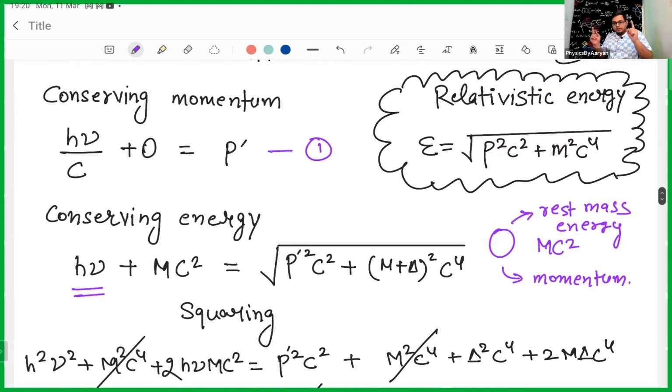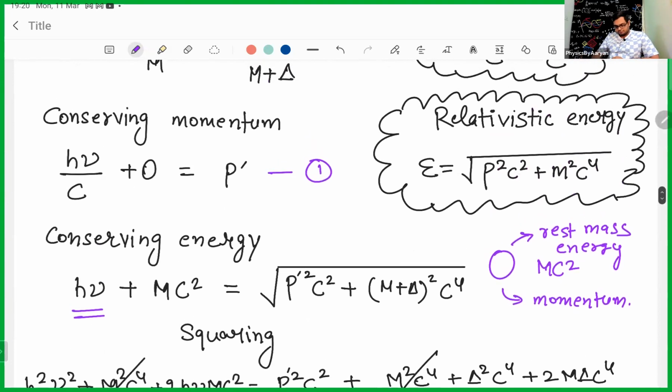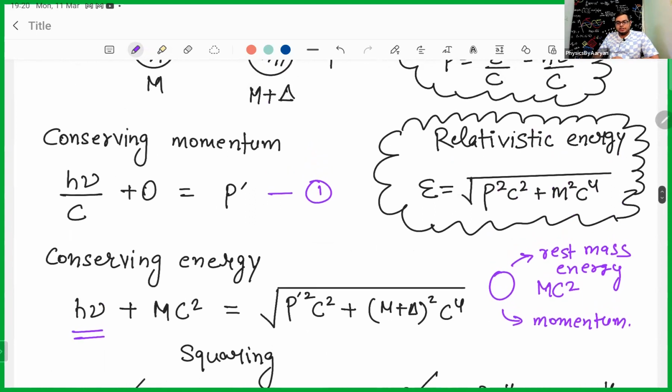So then how will I write my total energy? Then you know from relativity, we write the relativistic energy as under root of p square c square plus m square c raised to power 4. If you don't know this formula, you will learn this in relativity in my lectures itself.